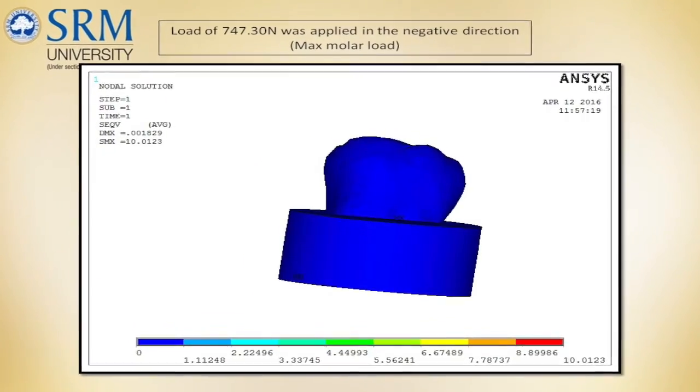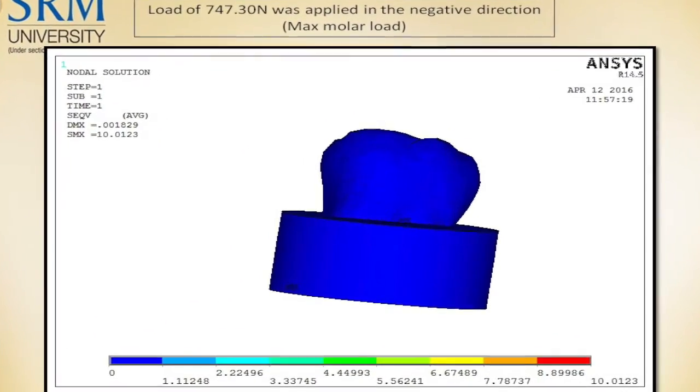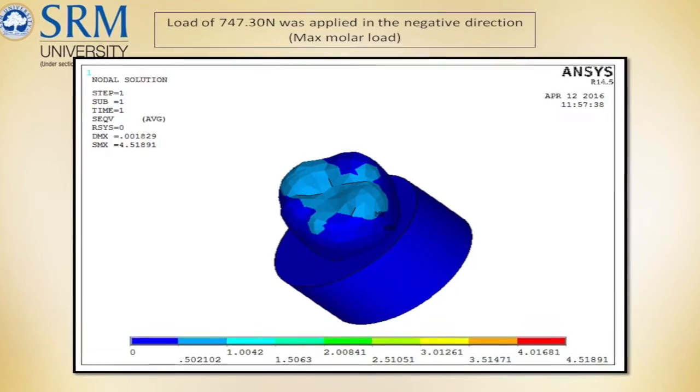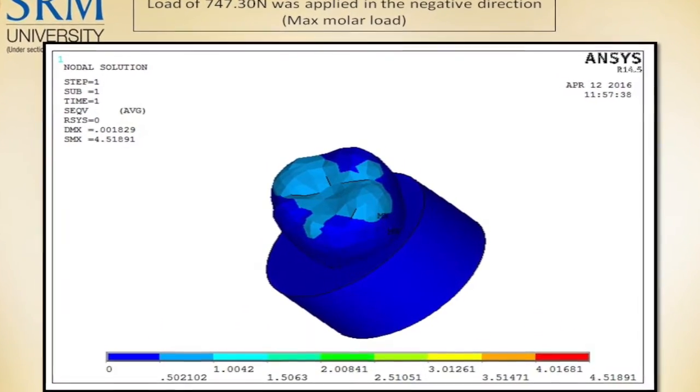For the incisor, I applied 149 Newton, and for the canine tooth, 484 Newton. After applying all these forces, for the teeth of the lower jaw I applied a negative direction force, and for the teeth of the upper jaw, a positive direction force.